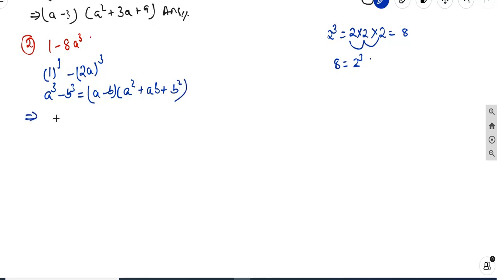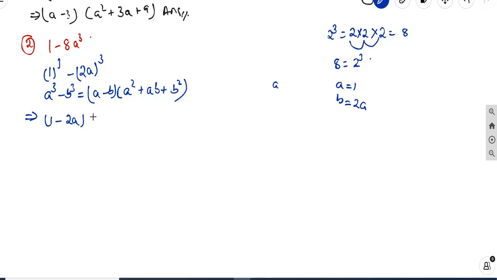In this identity, a is 1 and b is 2a. Close the bracket.